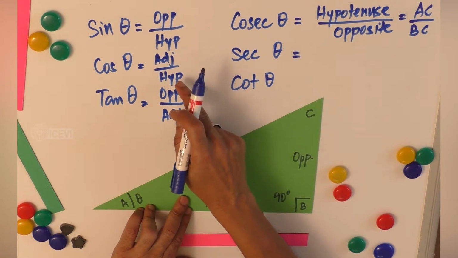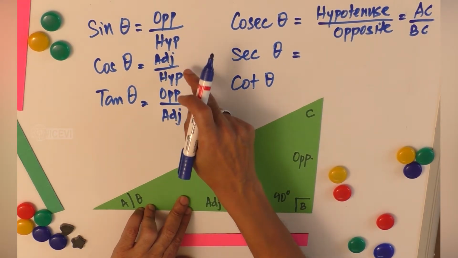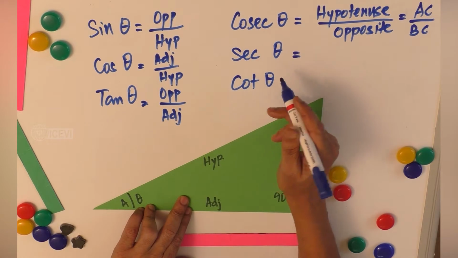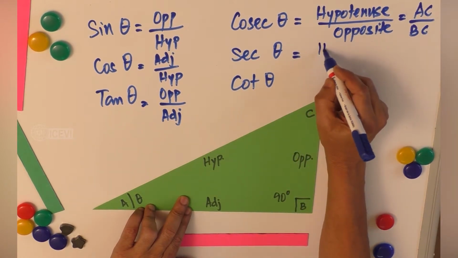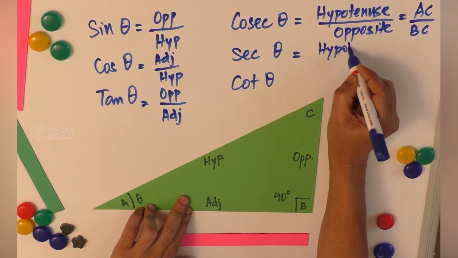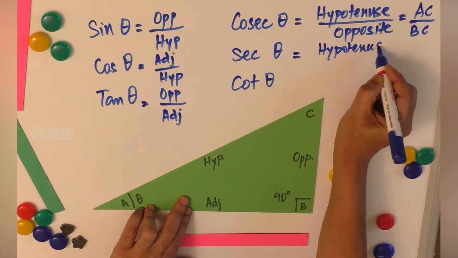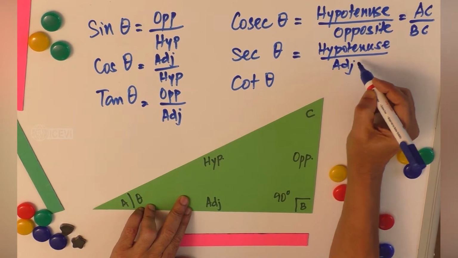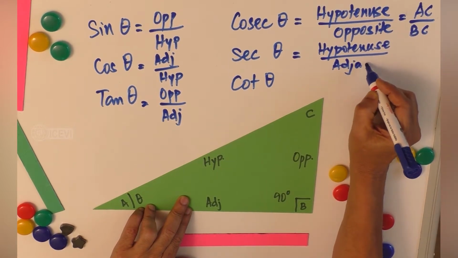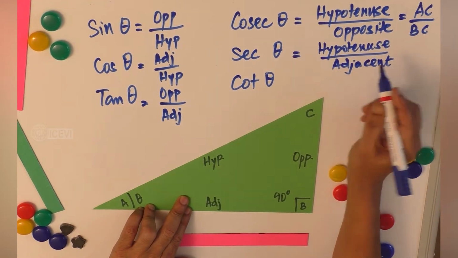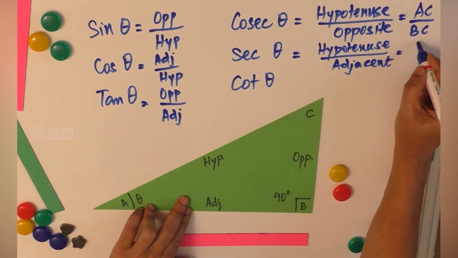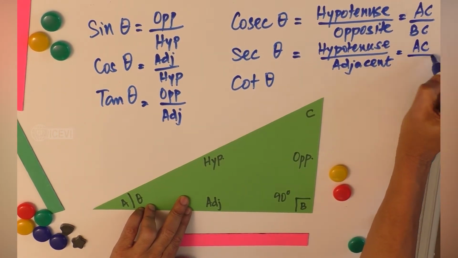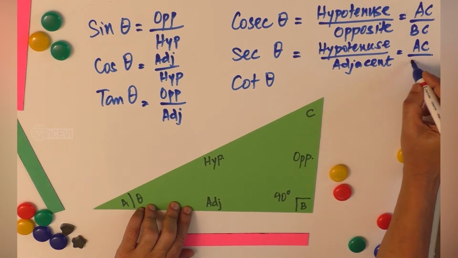That means cos theta is adjacent by hypotenuse, so secant theta is hypotenuse by adjacent. Here the hypotenuse is AC and the adjacent is AB.